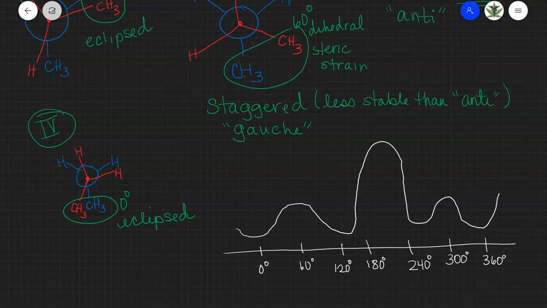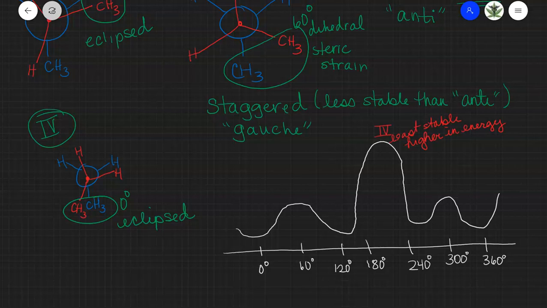In which we said the least stable would be higher in energy, and this would be structure 4. So the least stable is higher in energy. And that will correspond to our eclipse structure that's labeled number 4.